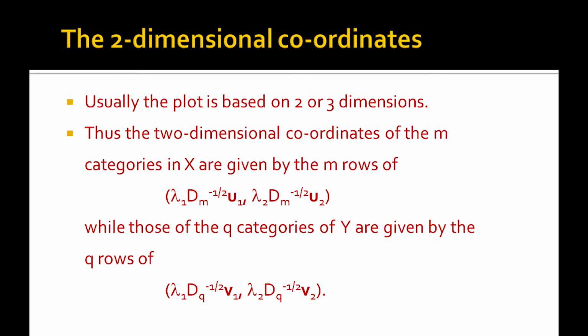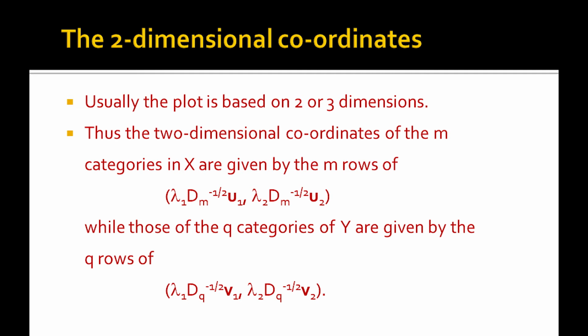The second term is lambda 2 into again a vector of dimension m. So we have pairs. The first element of the first vector and the first element of the second vector gives us the coordinates of the first category of x. The second element of the first vector and the second element of the second vector gives us the coordinates of the second category of x. And similarly, we get the coordinates of each of the categories.